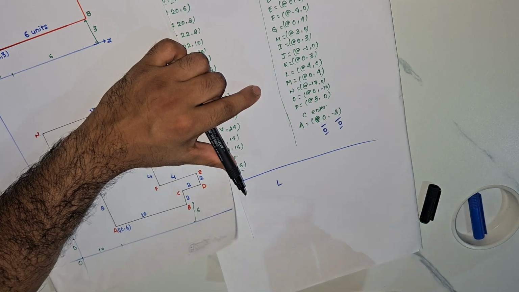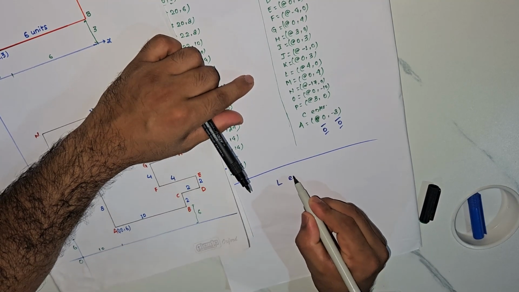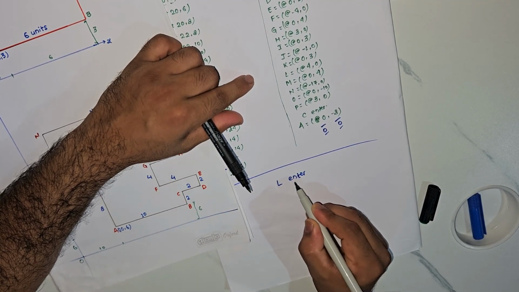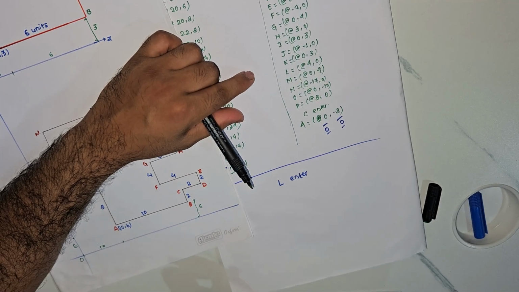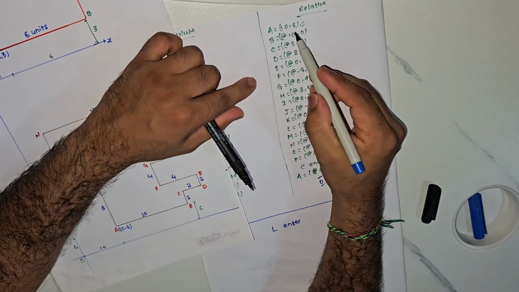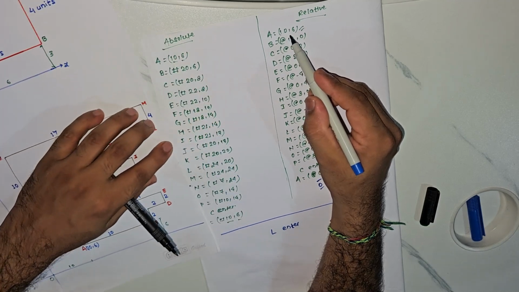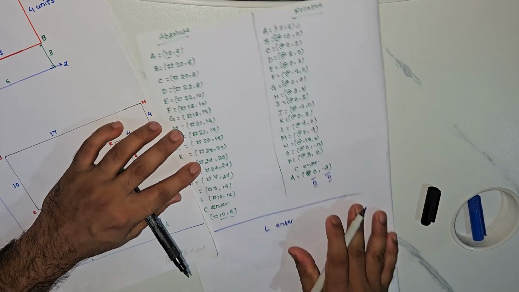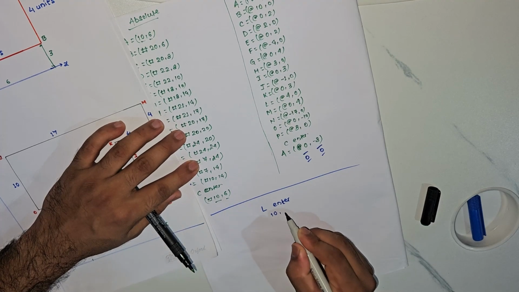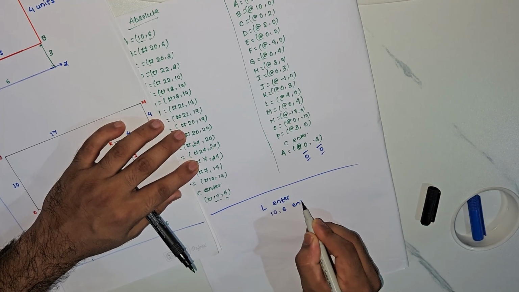So for that, just press L and enter. You will enter the line command, and then you will be asked to specify the first point. To specify the first point, just enter the value that we have. So for the first point we have 10 comma 6, so we will enter 10 comma 6 and enter.